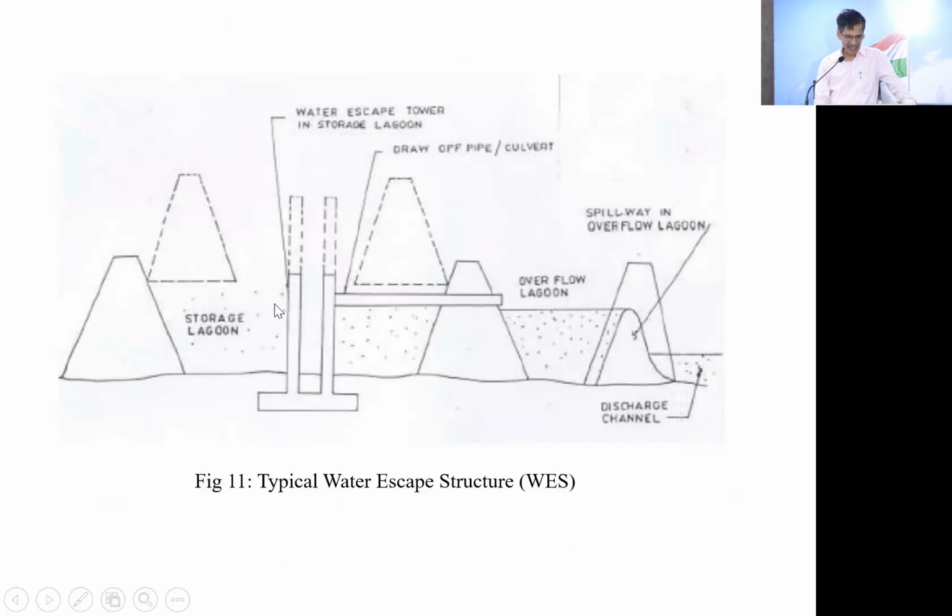So here they are trying to store water in between, in the pond itself. They want to put it this way in the storage lagoon, and recently somewhere in UP there is some problem, because sometimes it creates a problem. It becomes difficult because they are putting it inside the pond, and accessibility and other things have become an issue.